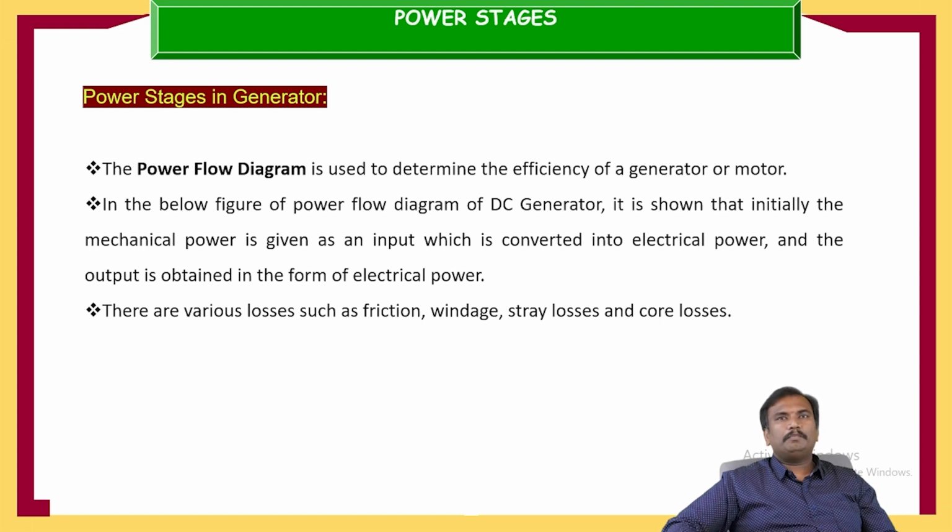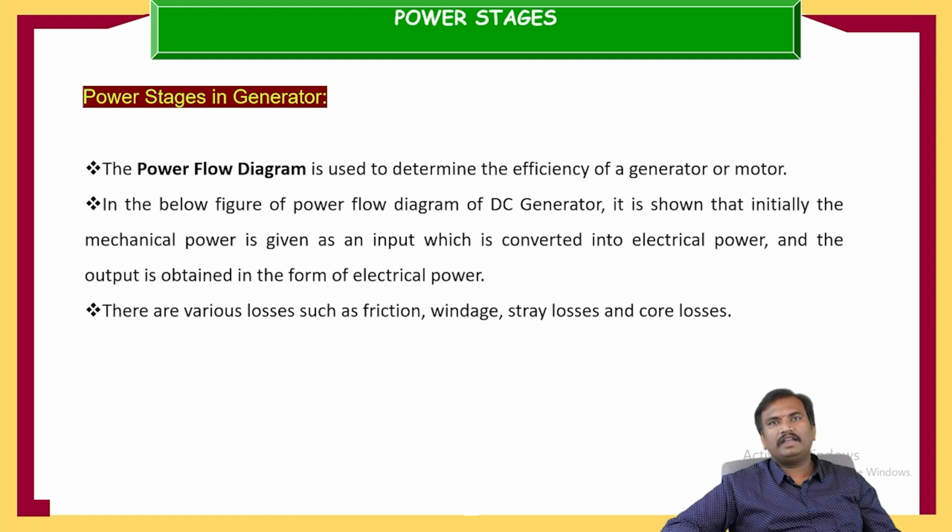Now we'll go with the power stages in the diagram. Here, this power flow diagram is used to determine the efficiency of a generator or motor. In the figure of the power flow diagram of a DC generator, it is shown that initially the mechanical power is given as input, which is converted into electrical power, and the output is obtained in the form of electrical power.